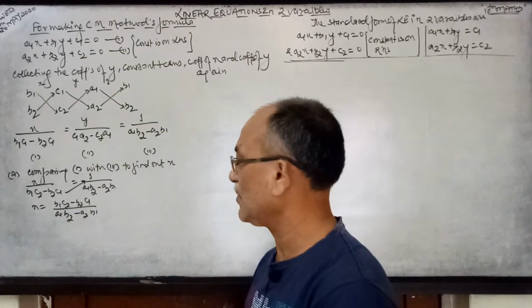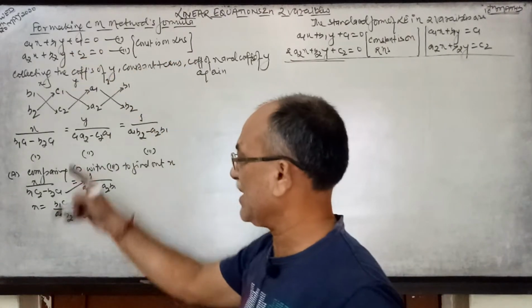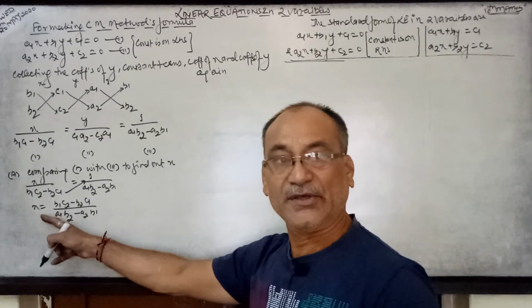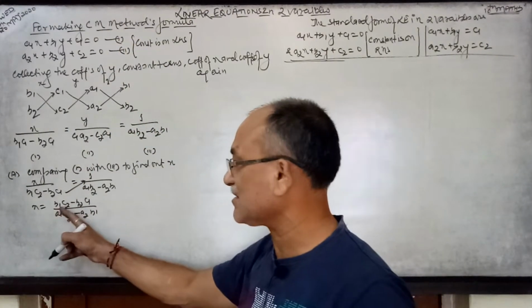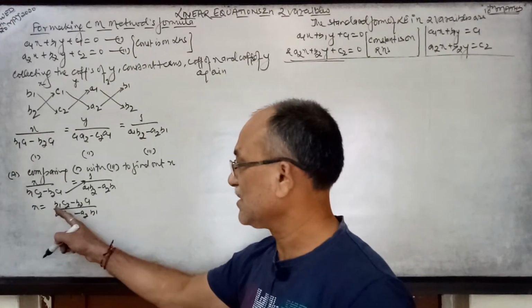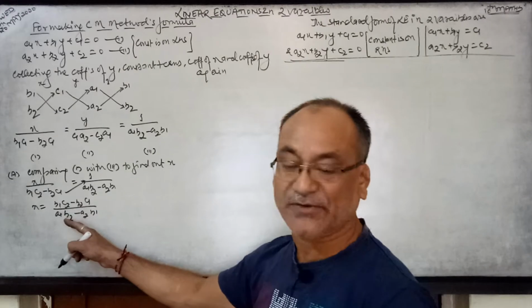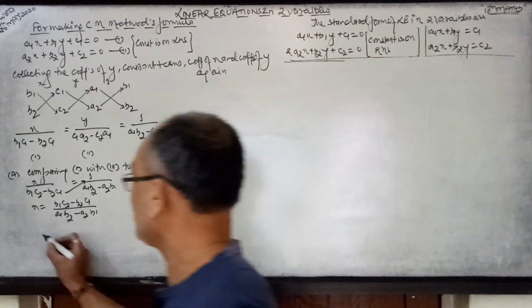This is the value. When two equations are given, then you have to find out the value of x by this cross multiplication method. So now see, x equal to b1 c2 minus b2 c1 over a1 b2 minus a2 b1.